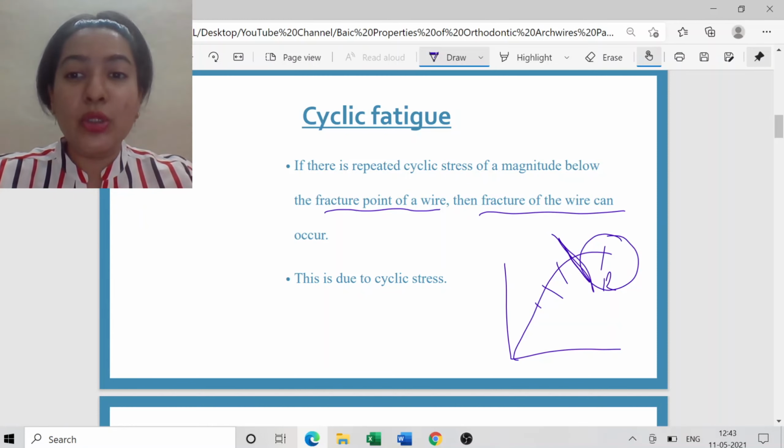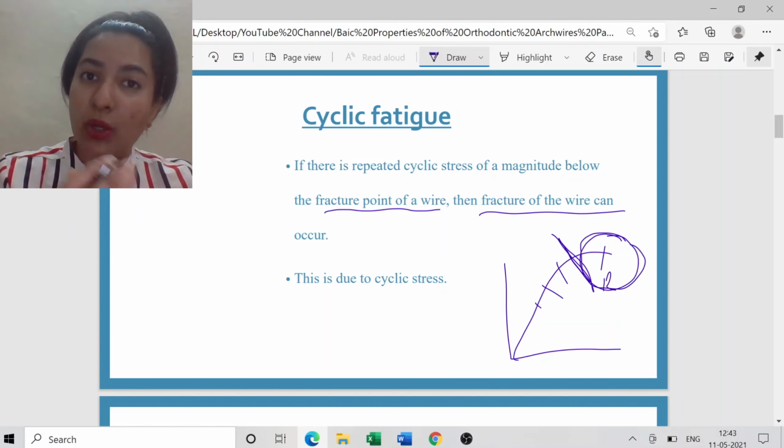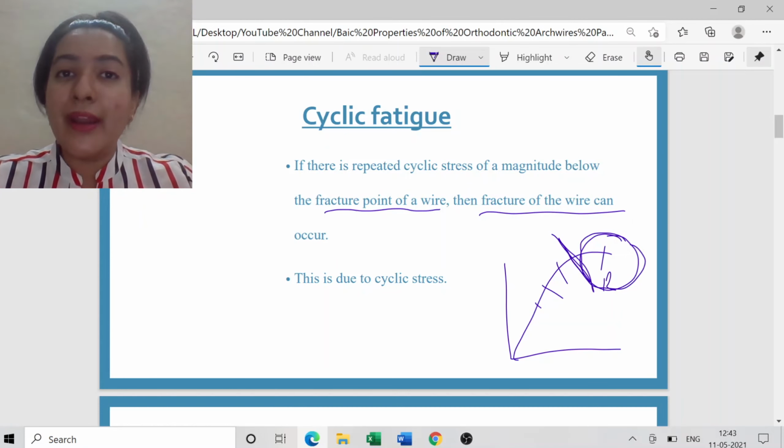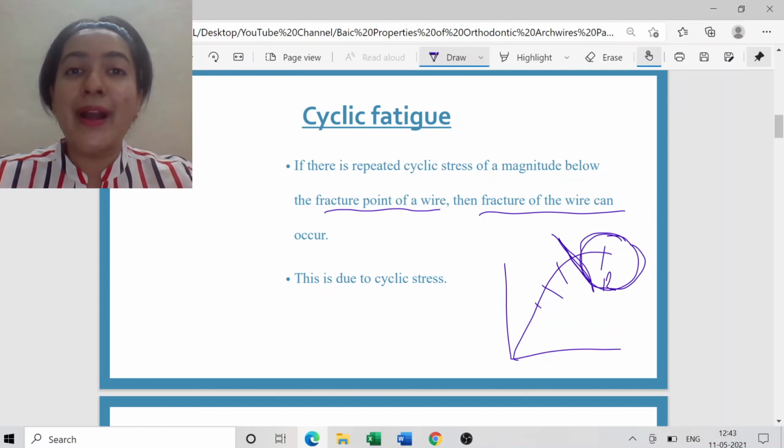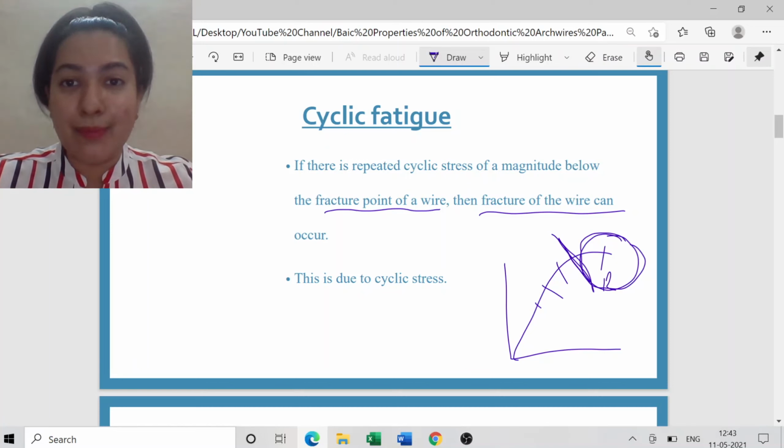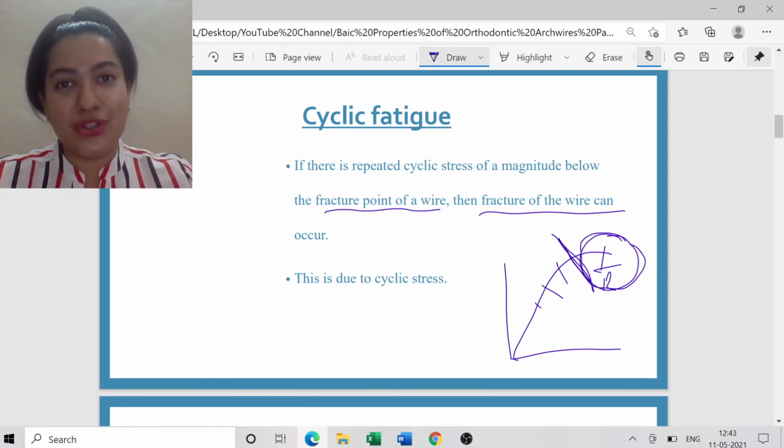Although my wire is not in the range of the rupture point, it is below the rupture point, when I am giving constant stresses or when the wire gets fatigued in a cyclic manner, the wire can get fractured.